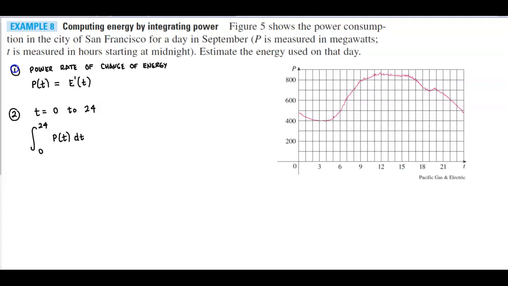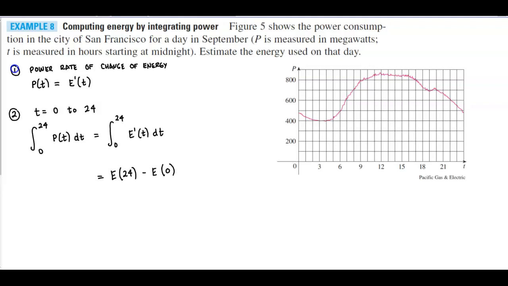Okay, so then what does that equal? Well, that equals the integral from 0 to 24, and we know that P of T is equal to E prime of T dt. So what does that tell us? Well, that tells us that we want to find the antiderivative E at 24 minus E at 0.